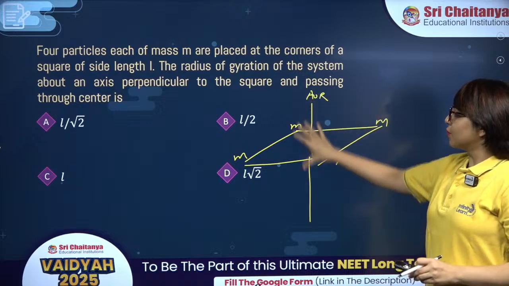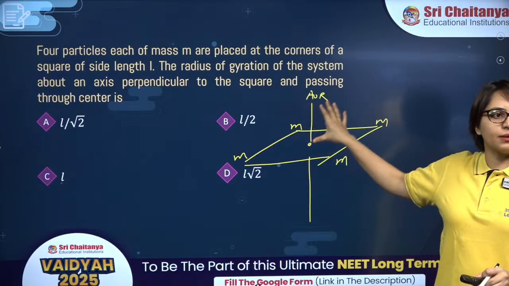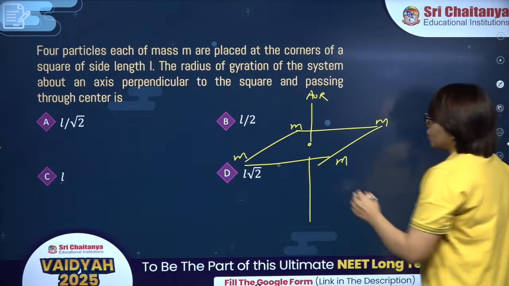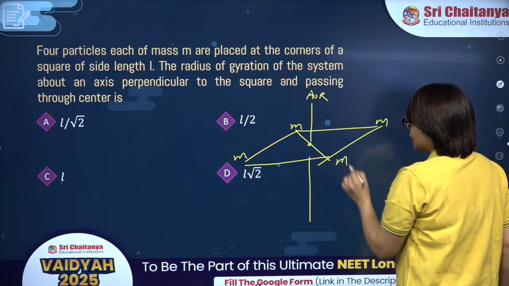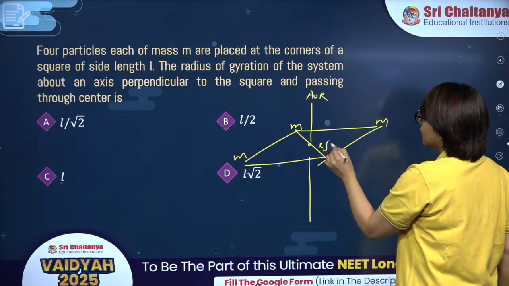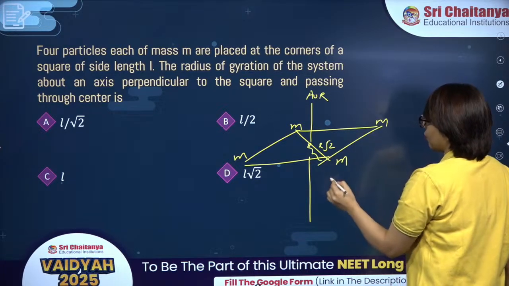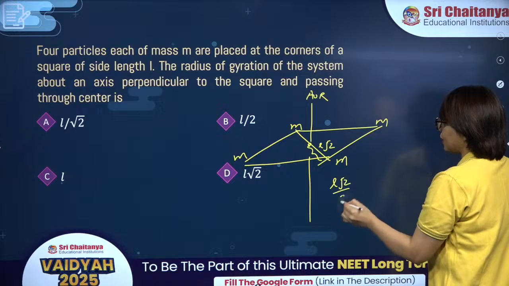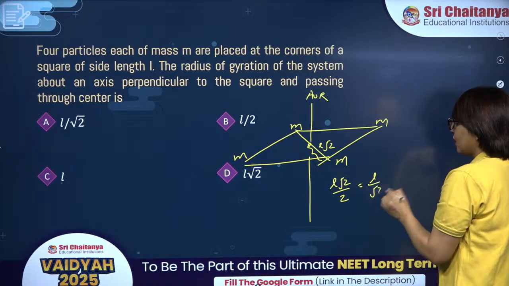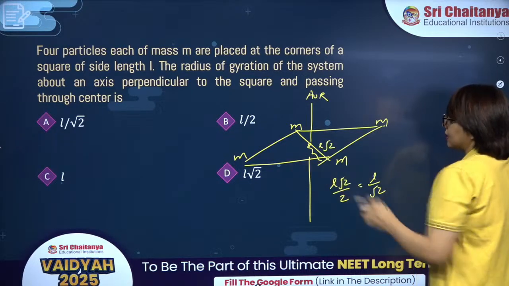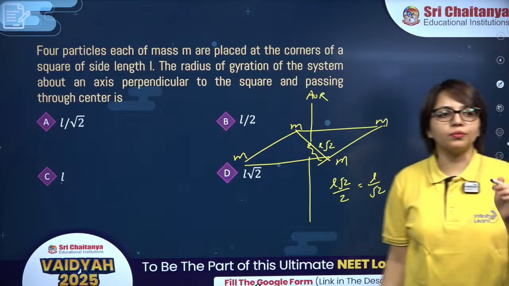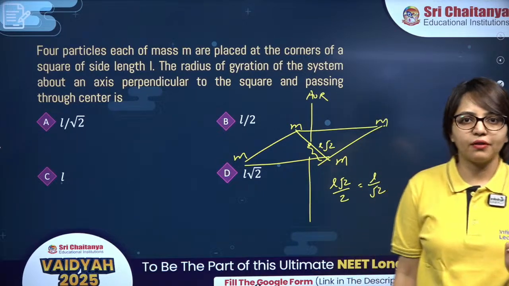So let's find the moment of inertia of this complete system about this axis. The diagonal is L root 2. So half of the diagonal will be L root 2 divided by 2, which is L by root 2. So each mass over here is at a distance of L by root 2 from the axis of rotation. Fine.